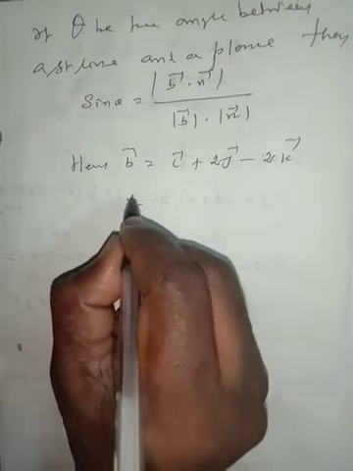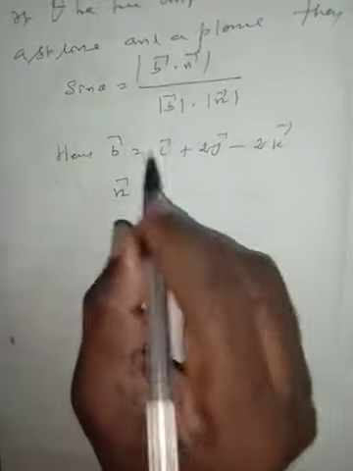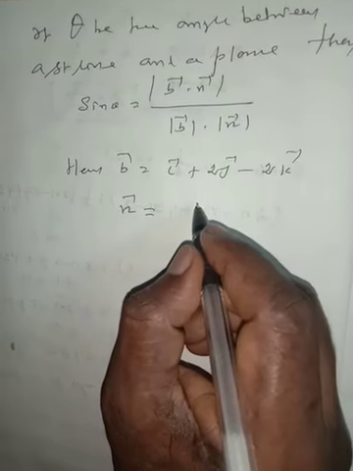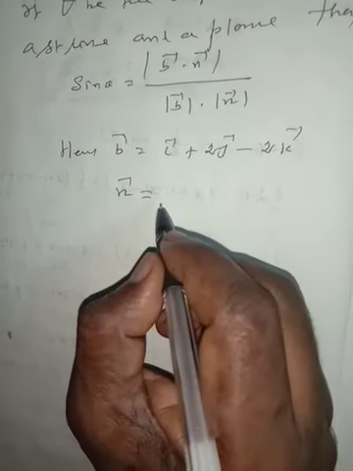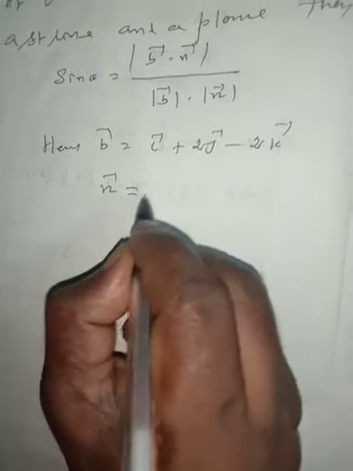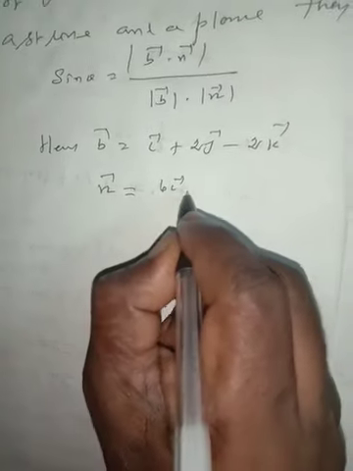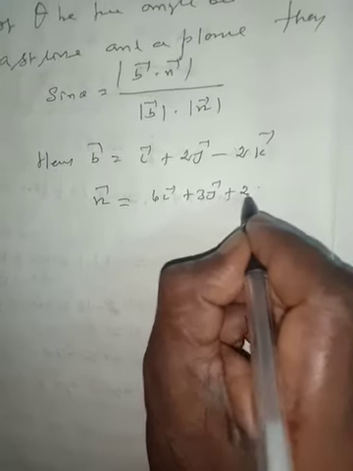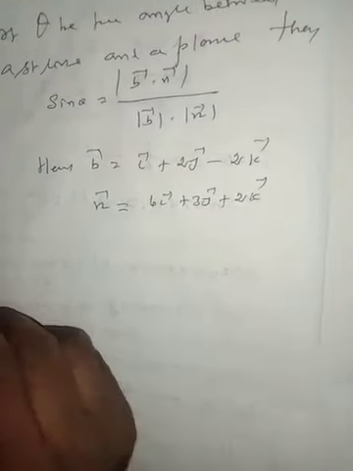n vector is taken from the second, the plane. Therefore, n vector is equal to 6i vector plus 3j vector plus 2k vector.